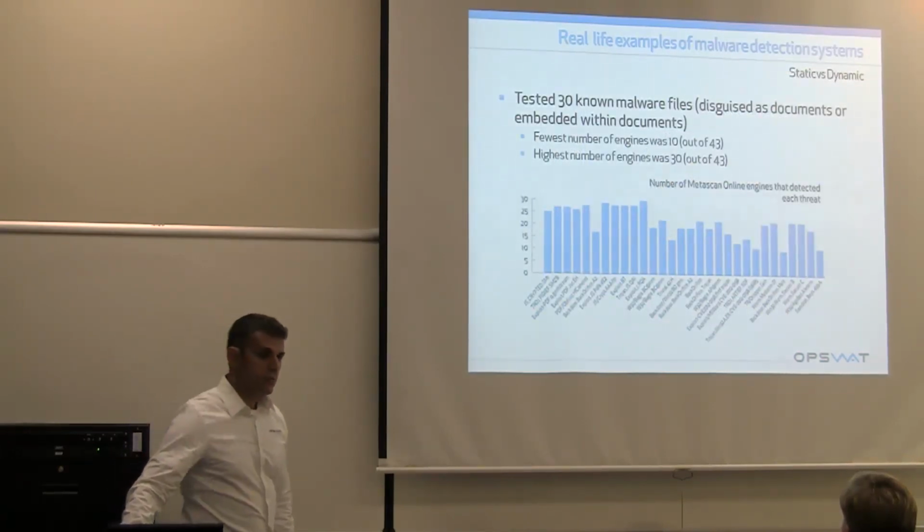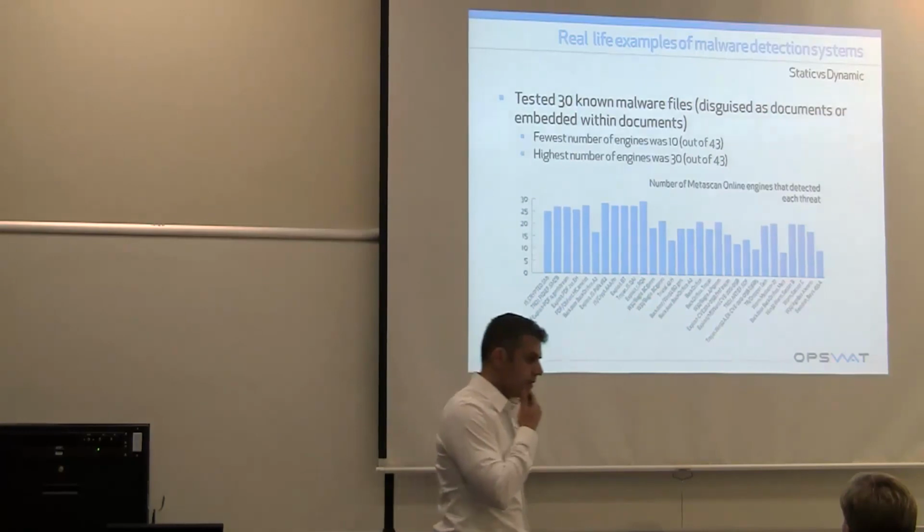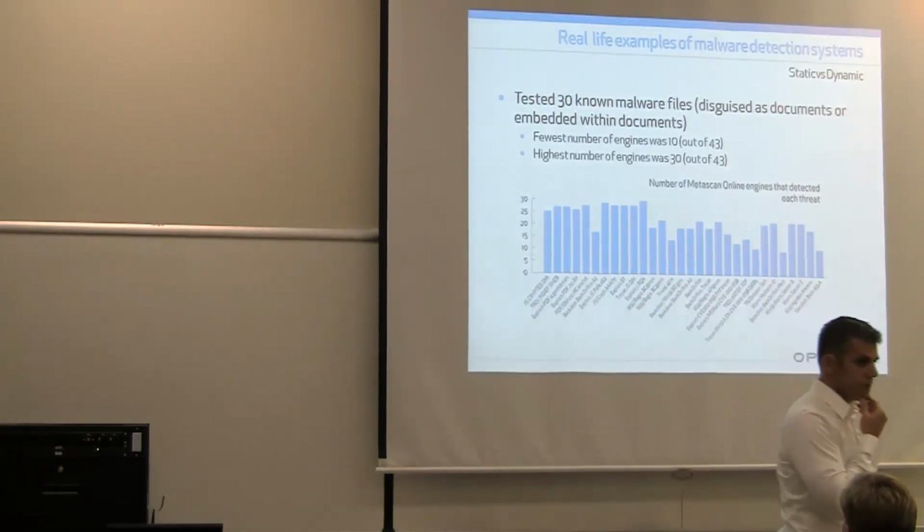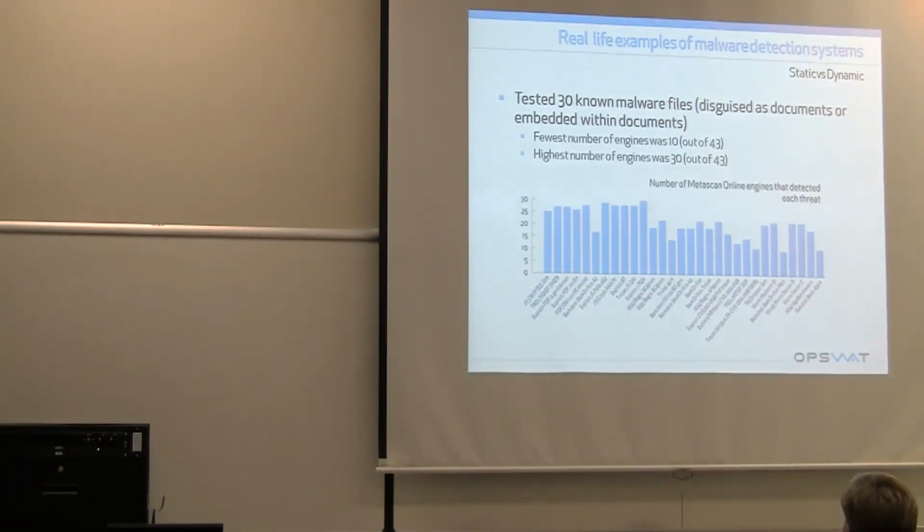Another thing that we also did recently, the Metascan and Tony Tail that you see here, is another research they put together, trying to compare static analysis to dynamic analysis, because some could say, oh, dynamic is better than static, static is better than dynamic.